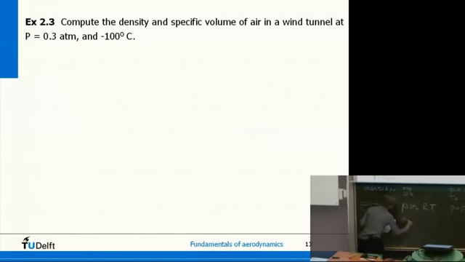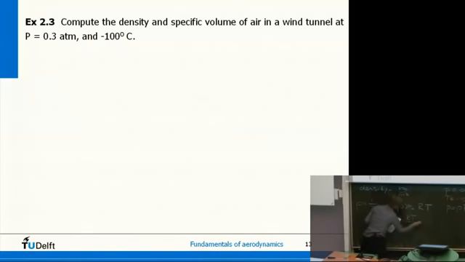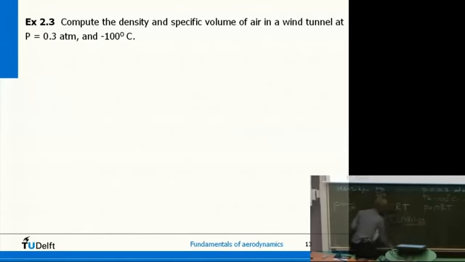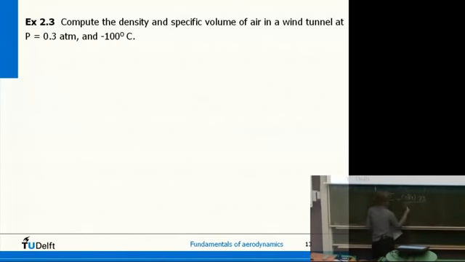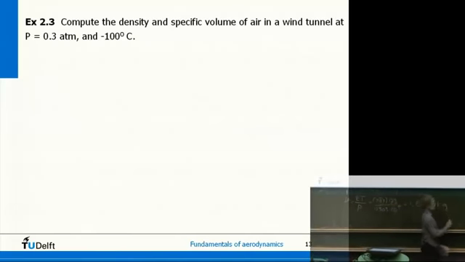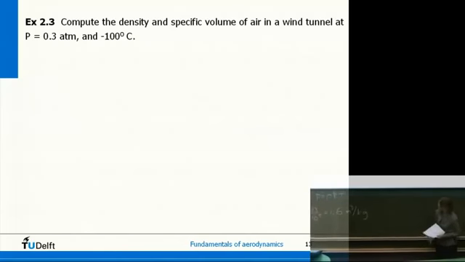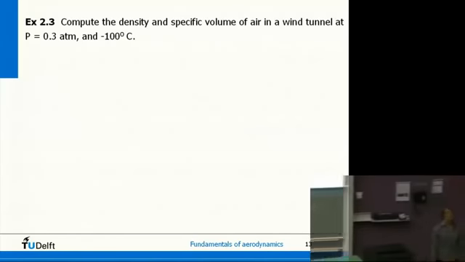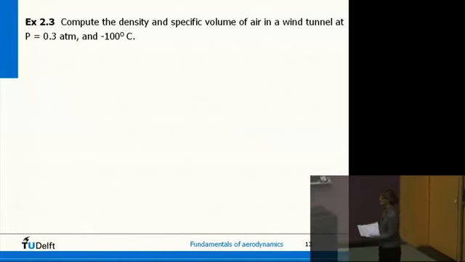So v is equal to RT divided by P, which is R is 287, the temperature we just computed 173, divided by the pressure 0.303 times 10 to the power 5. And then we find the specific volume 1.6 meters to the third per kilogram. So Pv is equal to RT. And then indeed rho is 1 over that, and we find 0.61 kilograms per meters to the third. So simple. You could of course also compute first the density and then the specific volume.